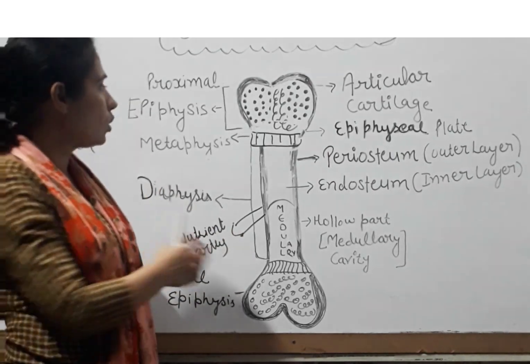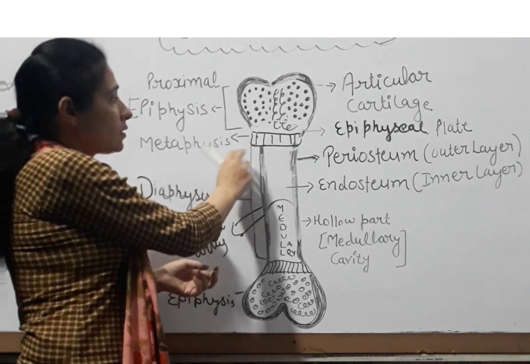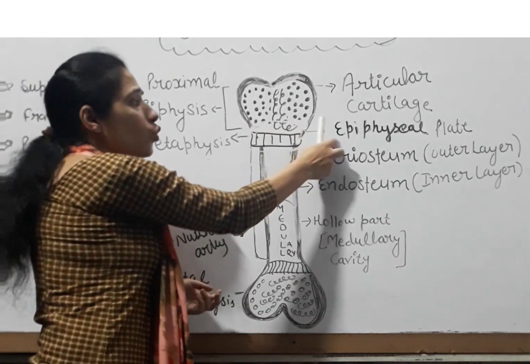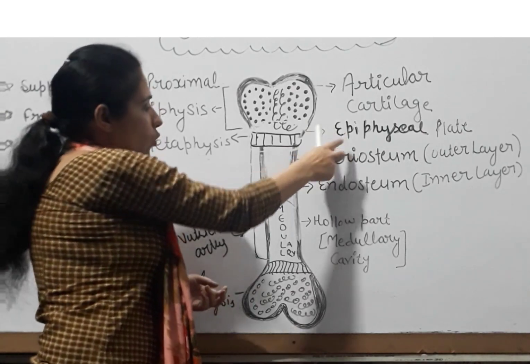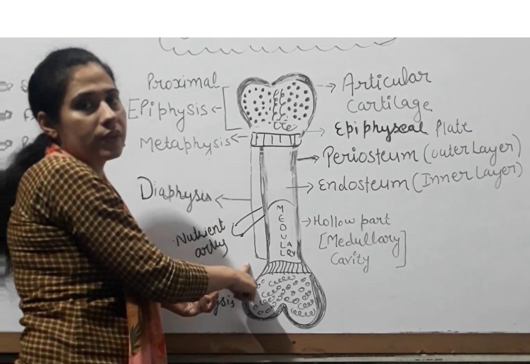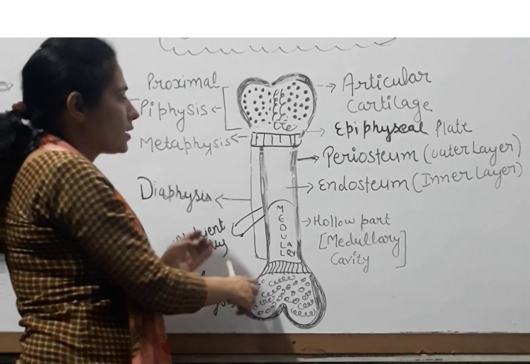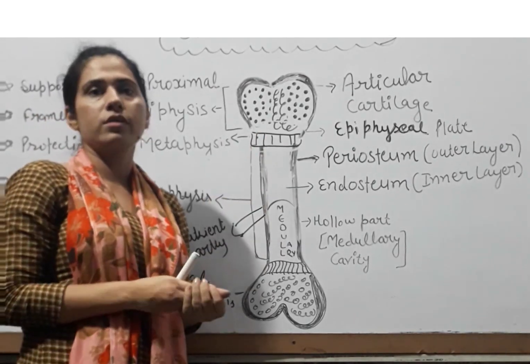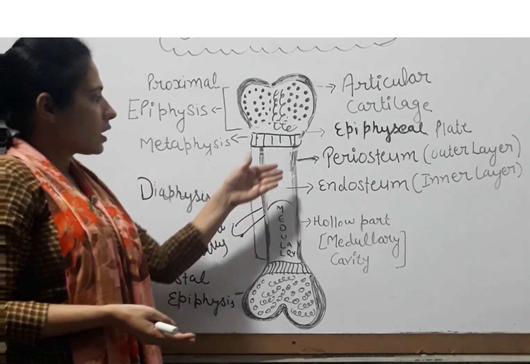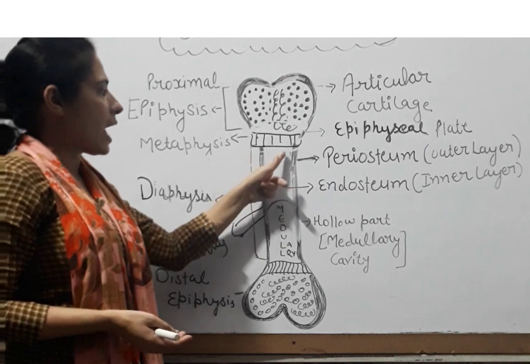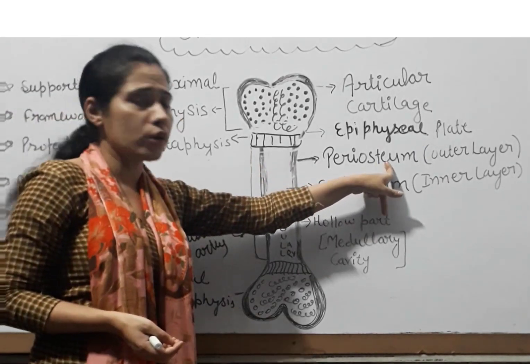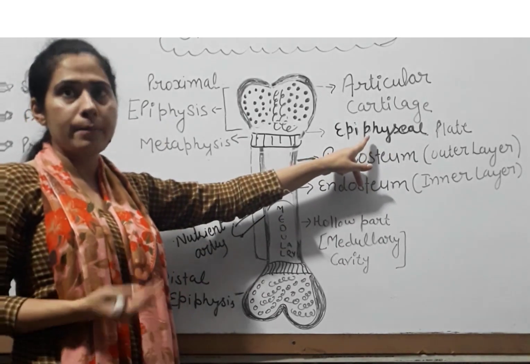Now where the metaphysis is present, there is also a thin layer, and this thin layer is known as the epiphyseal plate. Here is an epiphyseal plate, and here is also an epiphyseal plate. Every organ has an outer covering, and like those organs, bone also has an outer covering. The outer covering of bone is known as the periosteum, which is made up of fibrous tissue.